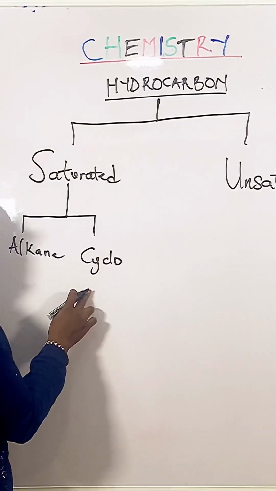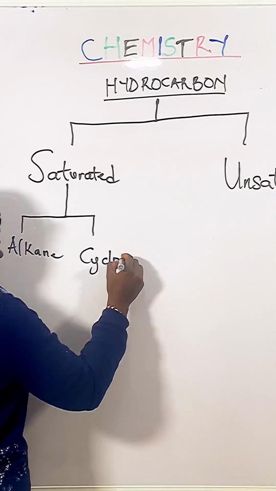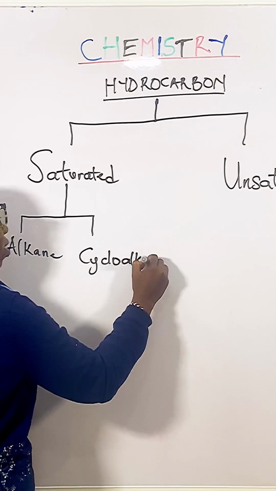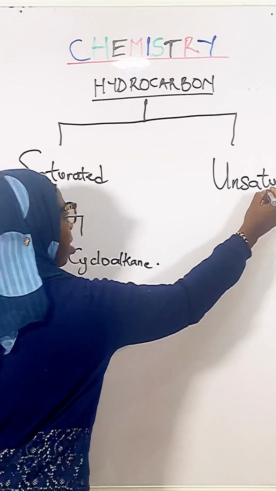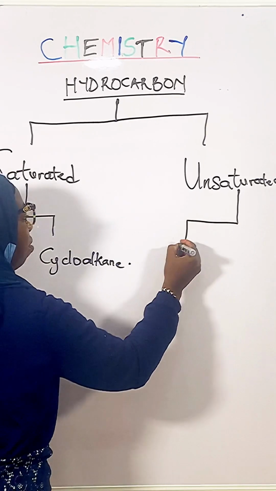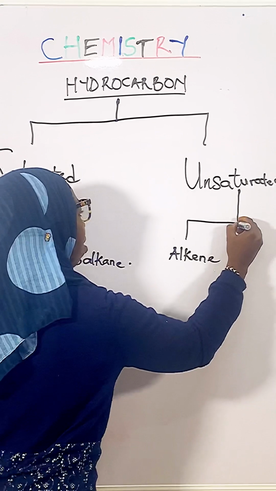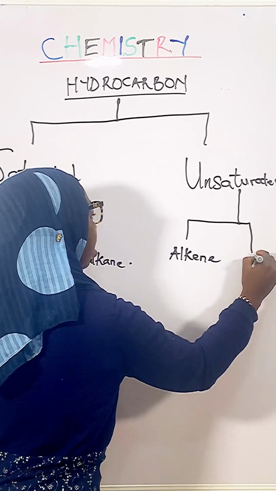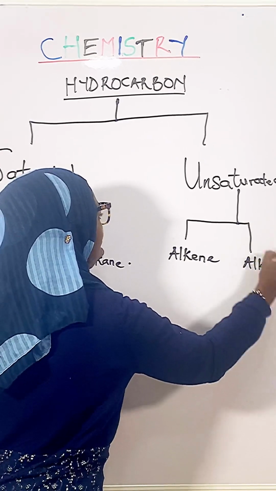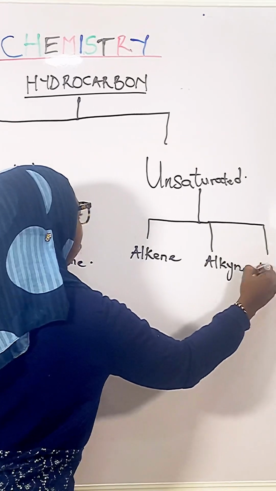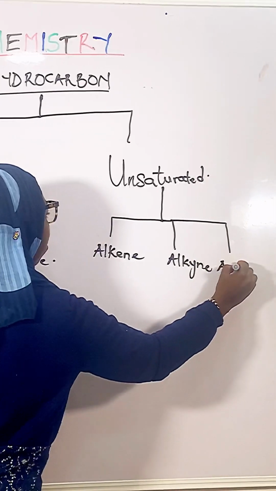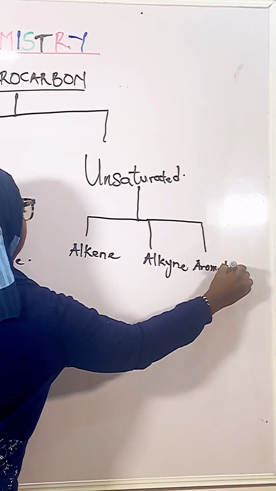We still remember cyclo from cyclic. Then under unsaturated hydrocarbon, we have alkenes and we have alkyne. Then we also have aromatic, which I have explained a bit to you.